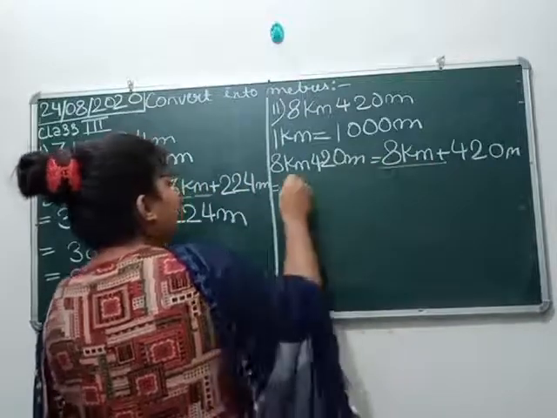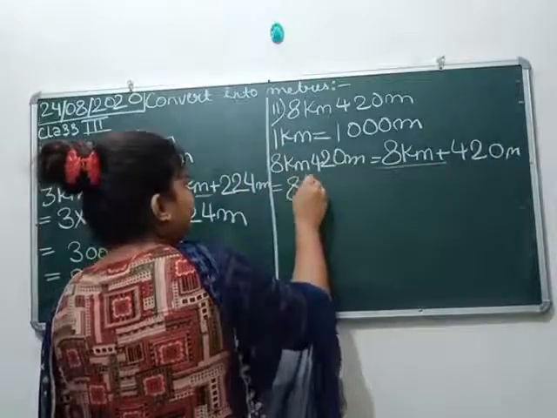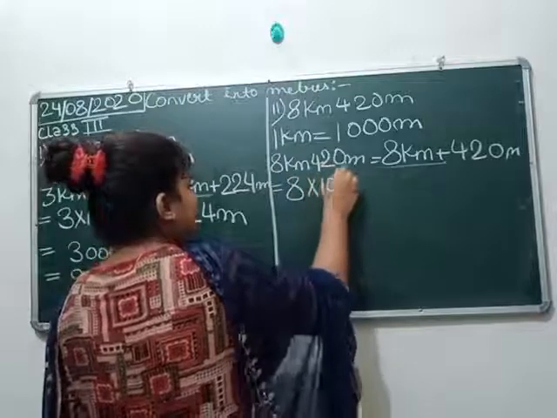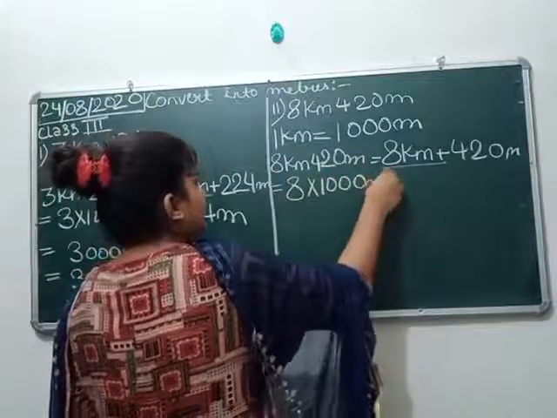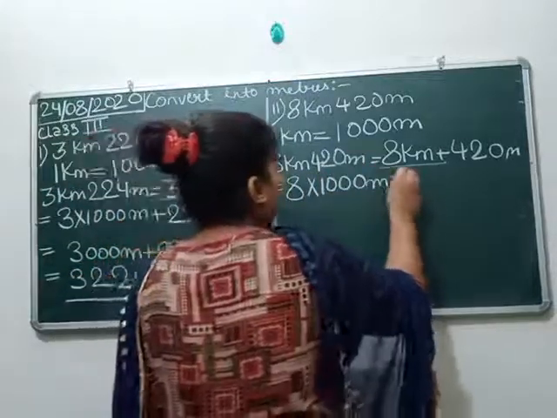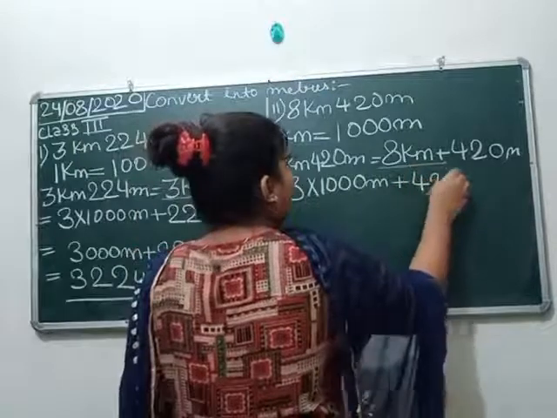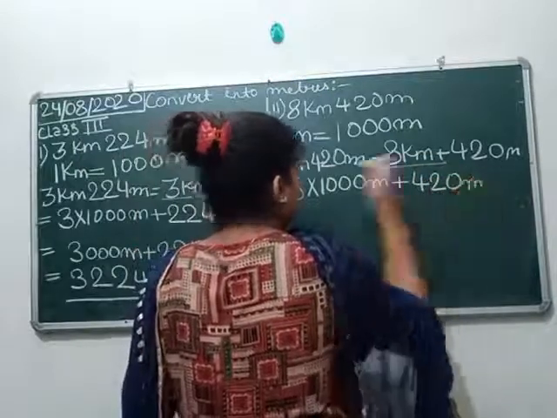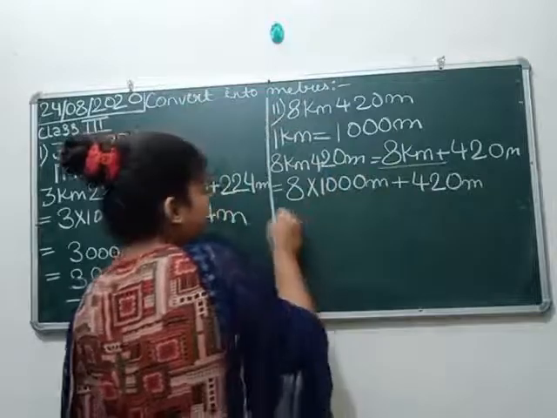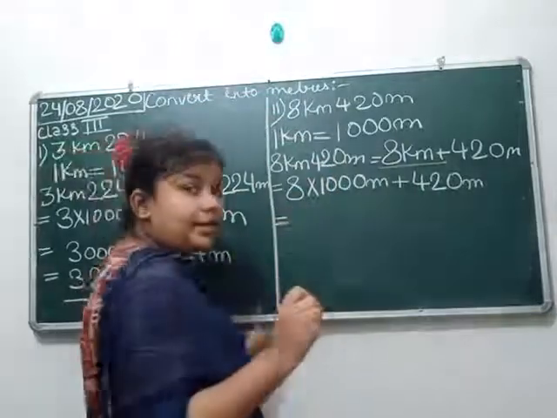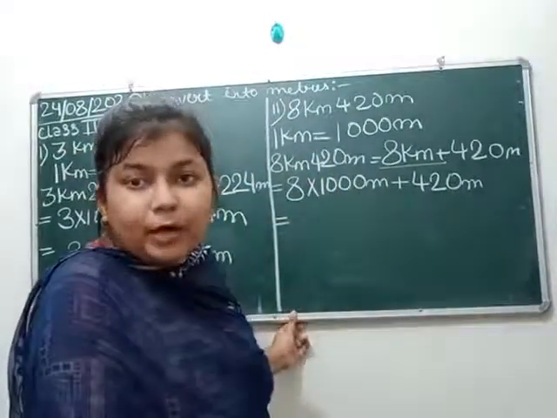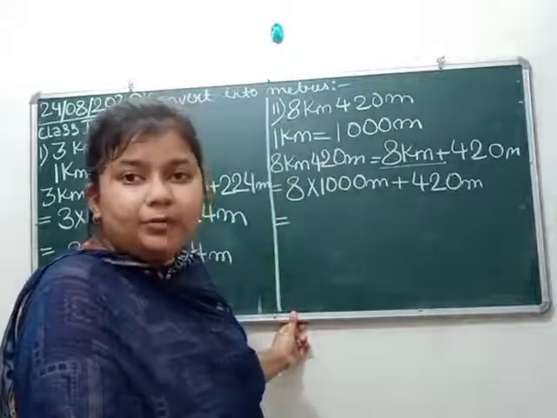Converting this, we will get 8 into 1000 meter plus 420 meter. Now 8 into 1000 will become 8000 meter.